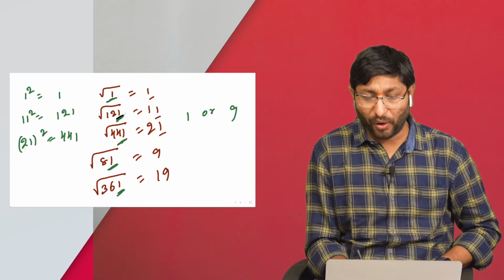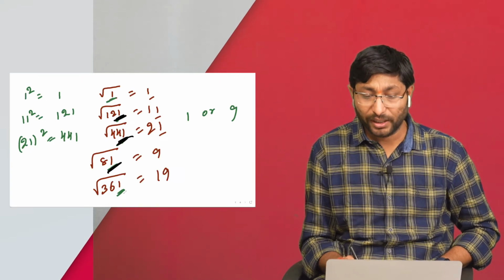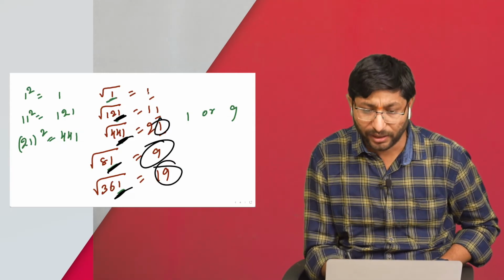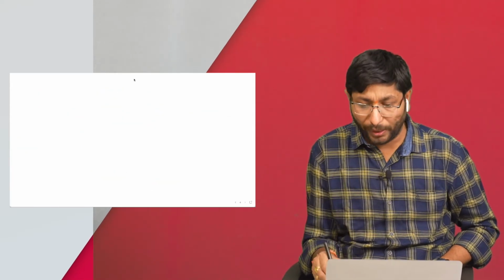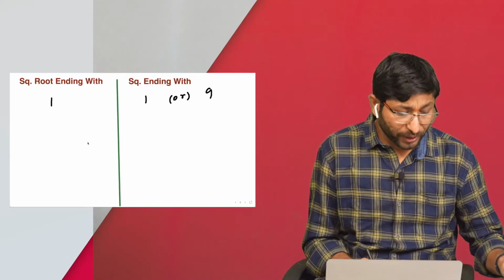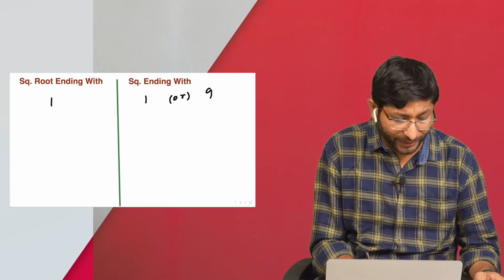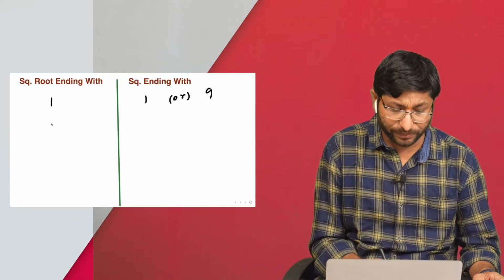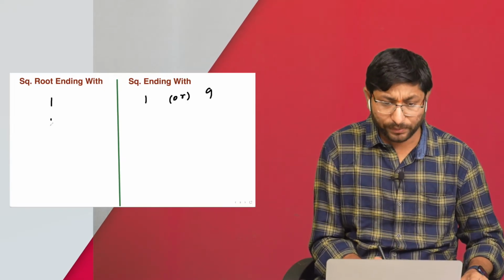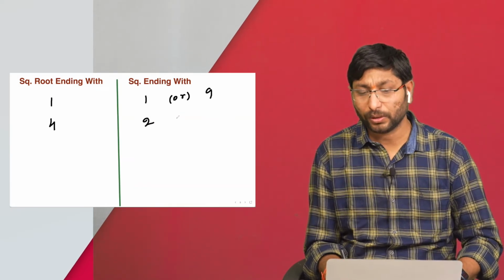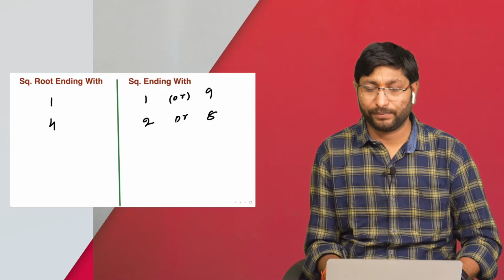Let me derive one more thing. If the square root is ending with 4, the square is ending with 2 or 8.